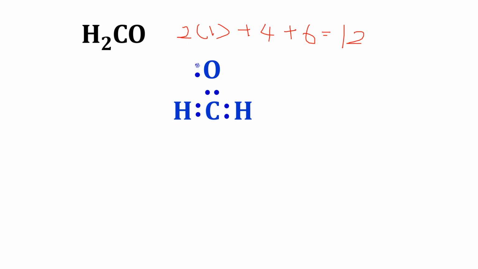We can quickly see that if we just draw 1 electron surrounding the carbon atom, our oxygen is missing 2, and our total number of electrons only has 12: 2, 4, 6, 8, 10, and 12.